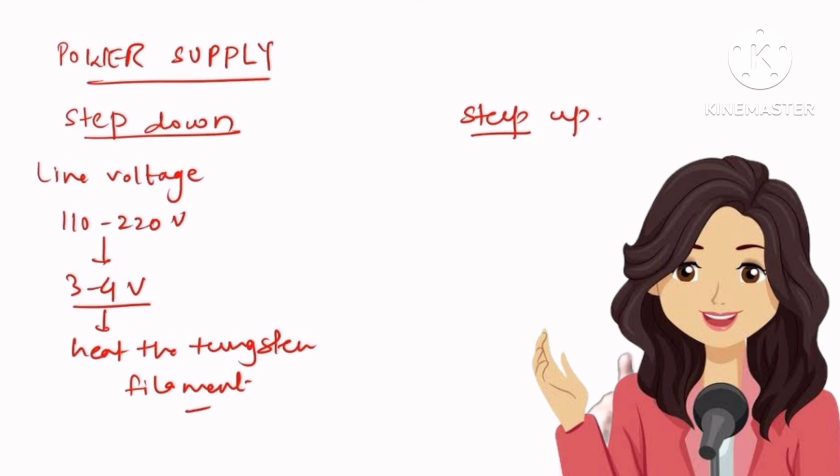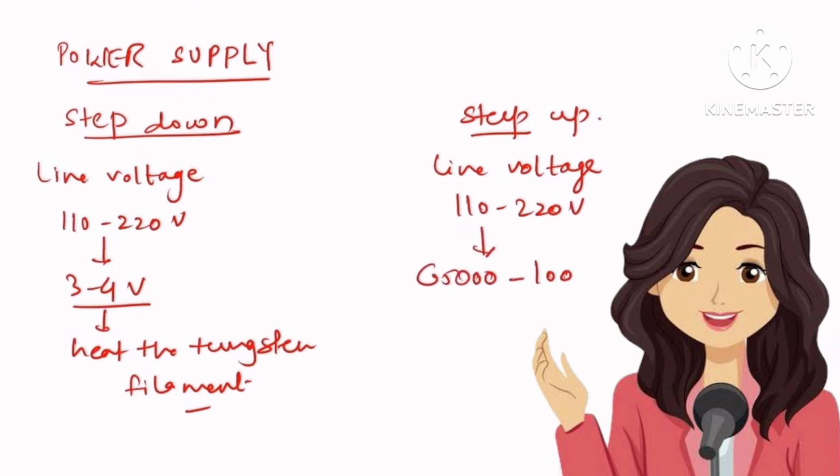That time this step up transformer comes into play, where it will increase the line voltage of 110 to 220 volts to 65,000 to 1 lakh volts. This is the voltage needed to send that electron cloud towards the anode with such a high speed so that X-ray production happens.